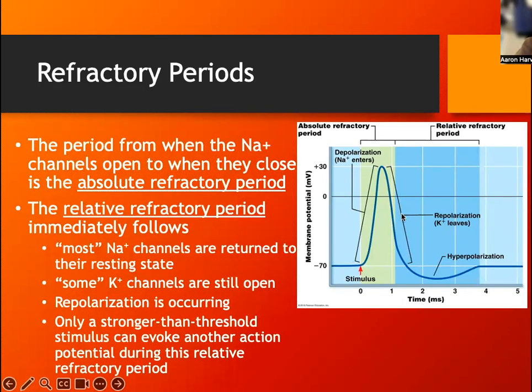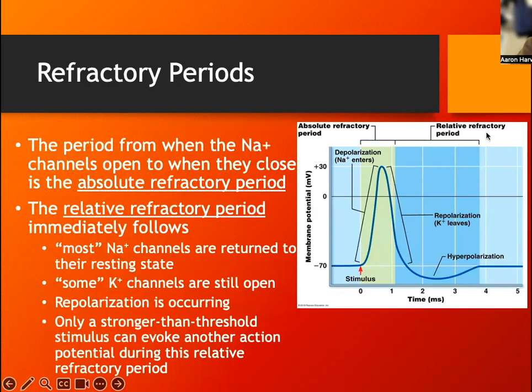So physiologically, it works out that you're below the threshold. So if you create a stimulus to get you back above the negative 55 millivolt threshold, and you can open up those sodium channels, you will create another action potential.